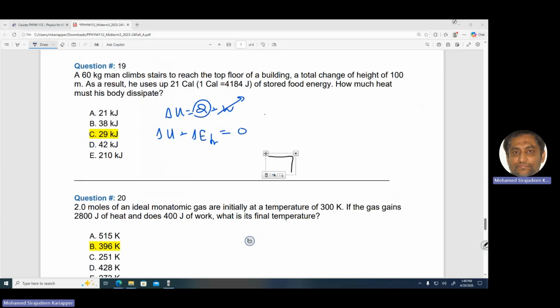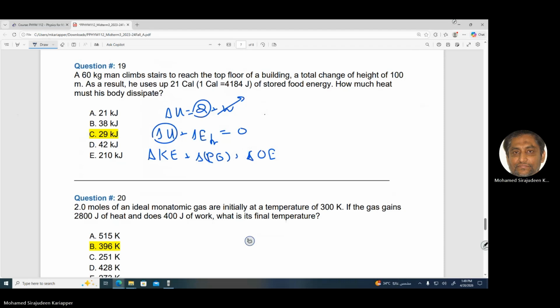So this internal energy will come from not only the kinetic energy, there is no kinetic energy change anyway, but a potential energy change and other forms of energy. So this is in the formula sheet, okay. Now use this to answer the question. What he is asking is this change in the thermal energy.